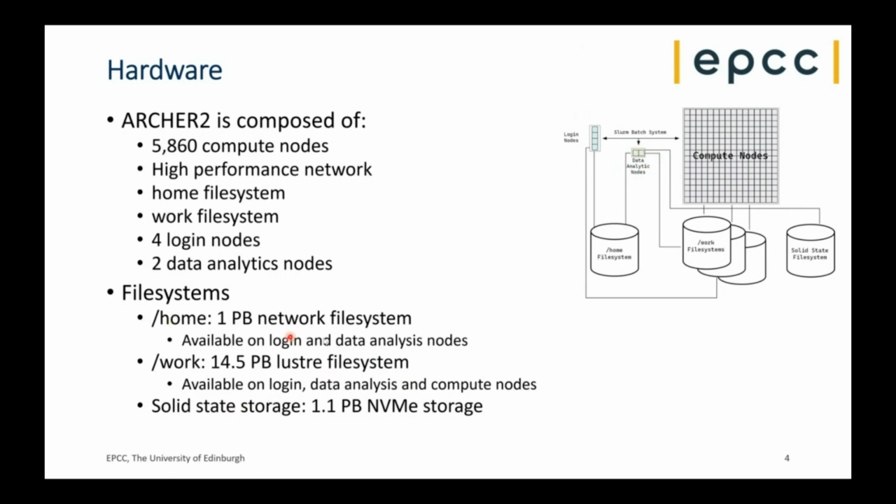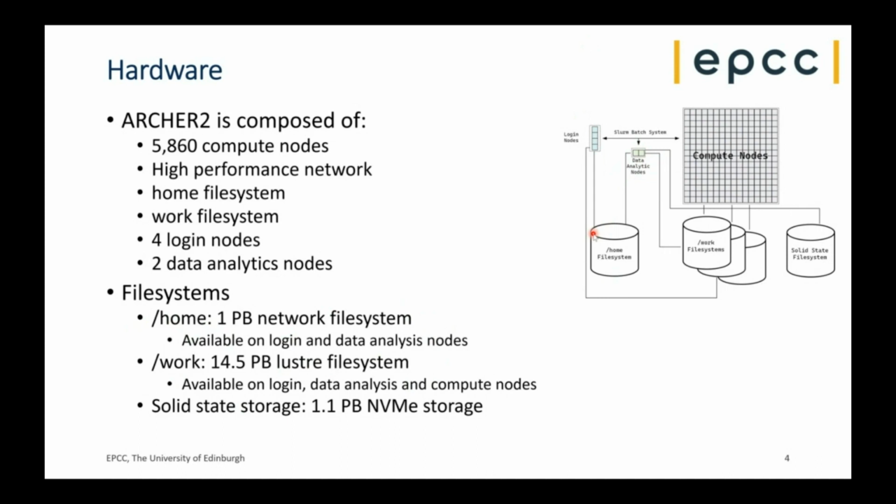As I've already said, there's these two file systems, the home file system and the work file system. You may ask, why do we have two separate file systems like this? Well, basically, it's because we want some place on the system where data can be backed up. So if users make a mistake, it's retrievable.